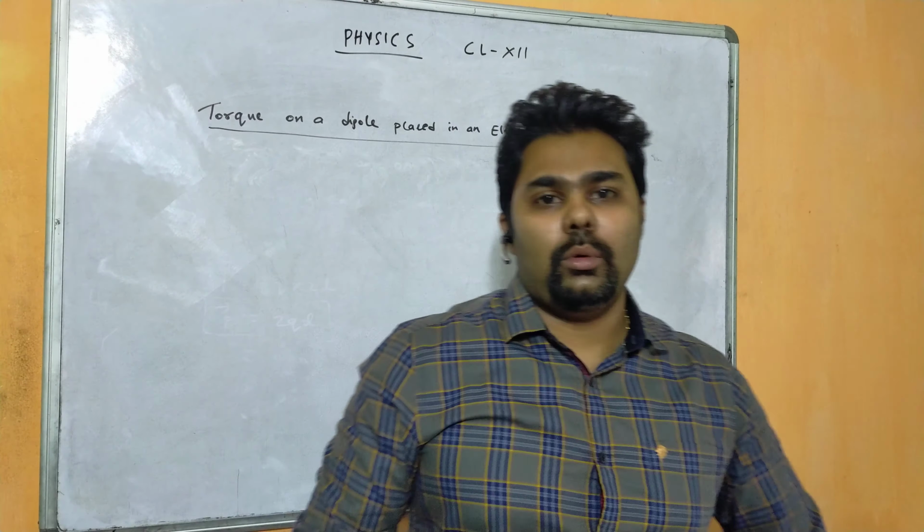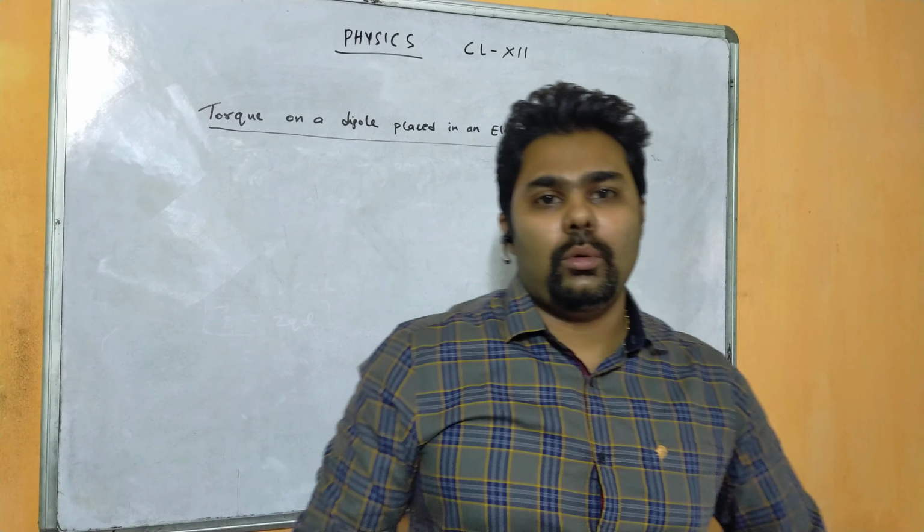And the third point, from which the maximum questions have come: what is the maximum torque acting on a dipole when it is placed in an electric field? The maximum torque is given by tau max equals PE. When the dipole is placed parallel to the electric field, the torque acting will be 0, as sin 0 is 0.